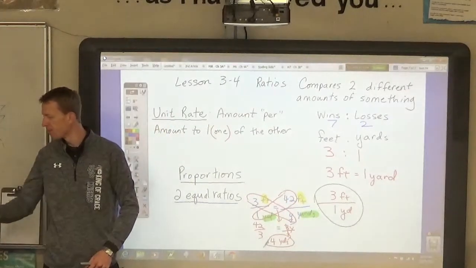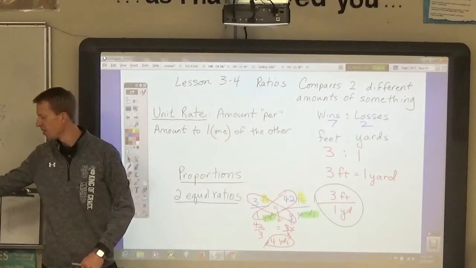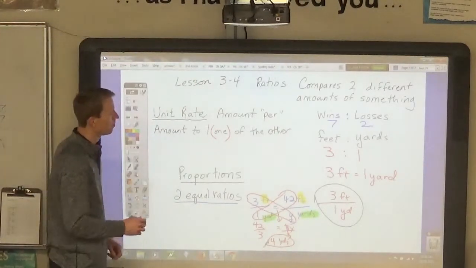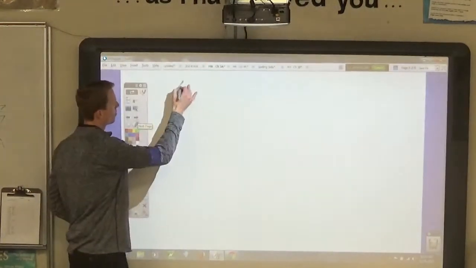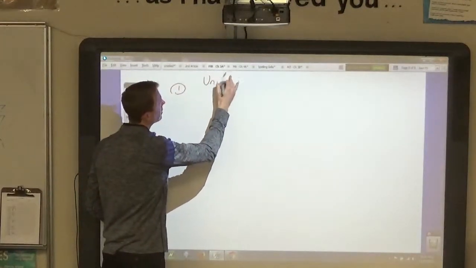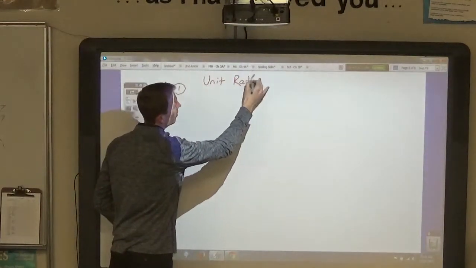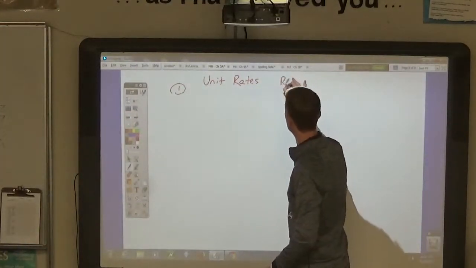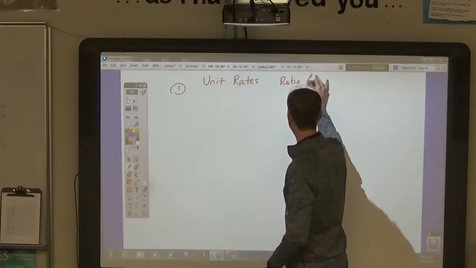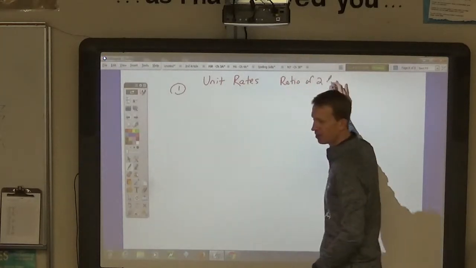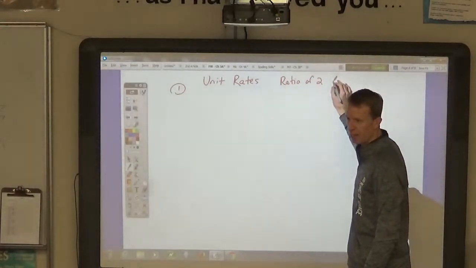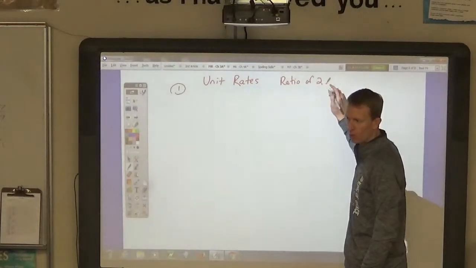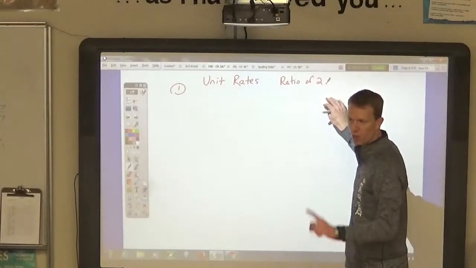Let's go to your assignment. Take a look at number 1 first, in the first section. We're going to find unit rates. Remember what unit rates are? It's a ratio of 2 amounts, where one of them is over 1.